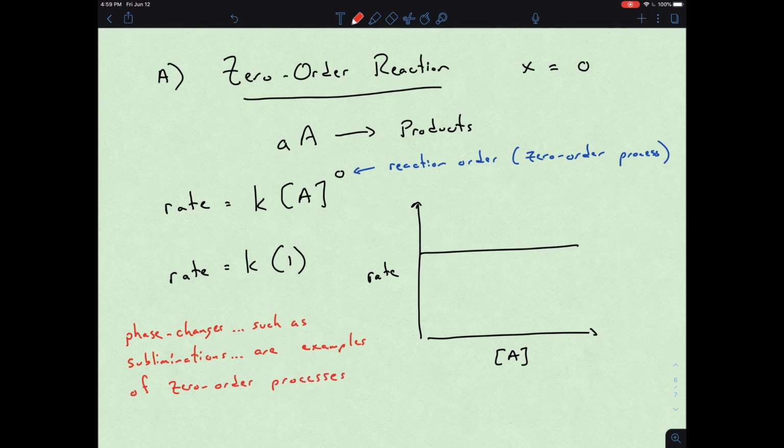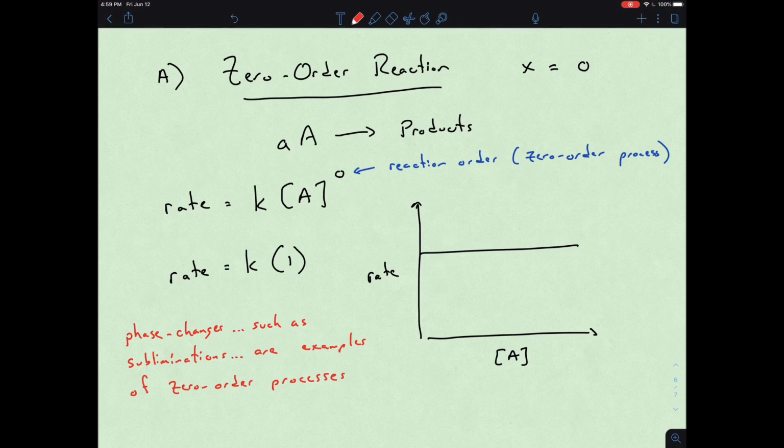So there's a 0 order reaction, right? This is just a particular reaction that is independent of the concentration of starting material. If we think about sublimation and think about dry ice, dry ice naturally sublimes at our normal pressure of 1 atmosphere and 25 degrees Celsius.